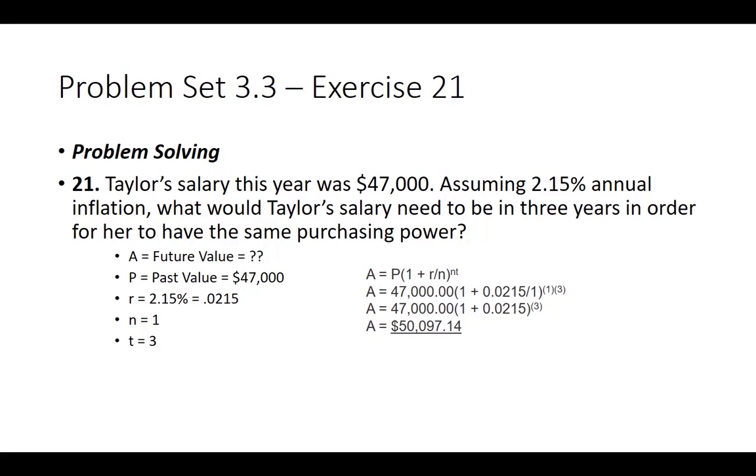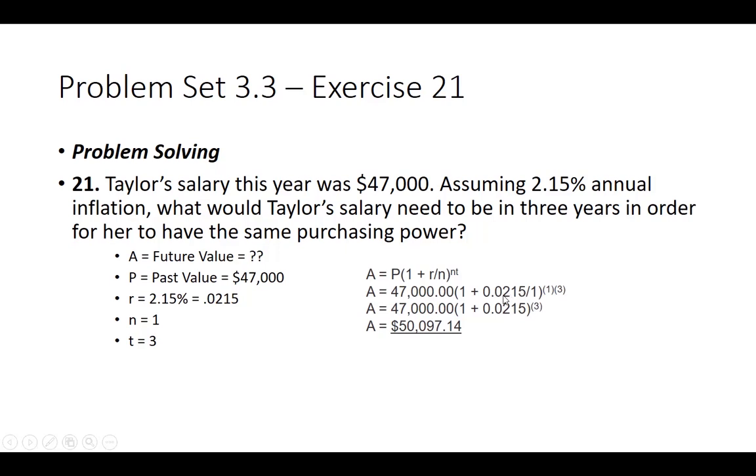This is an inflation problem. So 2.15% is 0.0215. Annual interest compounded annually, N is 1. And we are looking at 3 years in the future, T is 3. Plug in what we know. Take care of the exponents first. 1 times 3 is 3.